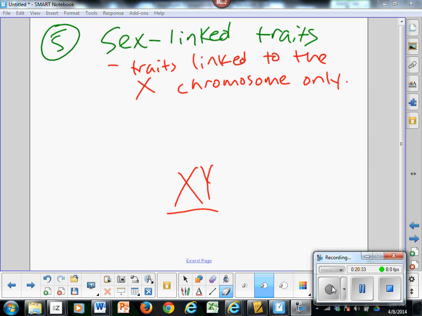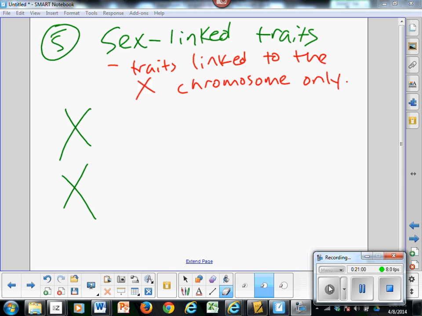So we look at the baldness gene. We look at the population of people on this planet that are bald. It's mostly a male-dominant trait. It comes from your mother's side because that's who gives you the X chromosome. So let's focus on this.